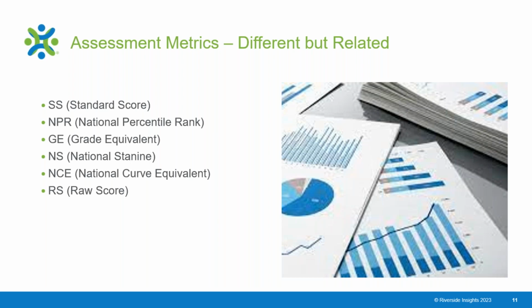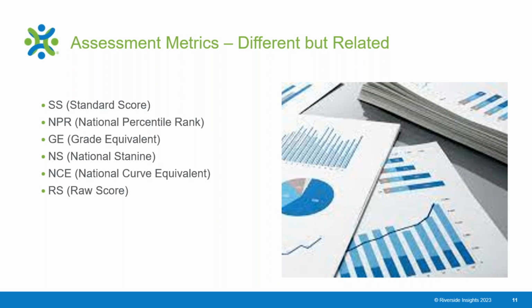Others might be better suited to explaining student achievement and growth to the general public at school board meetings, for example. Others are useful for certain specific purposes, and getting beyond the acronyms and understanding the characteristics of these metrics is our principal goal today.